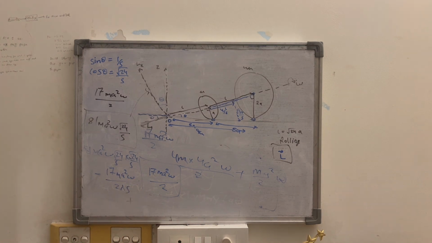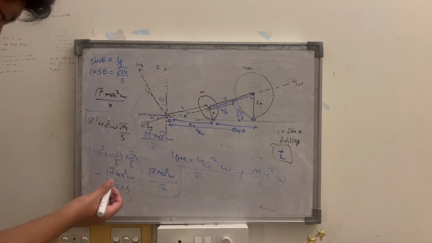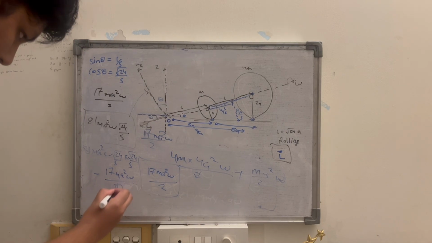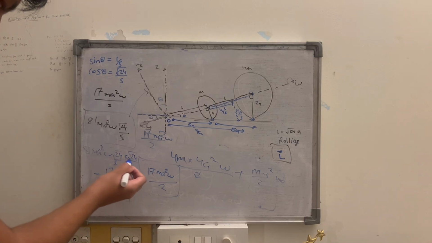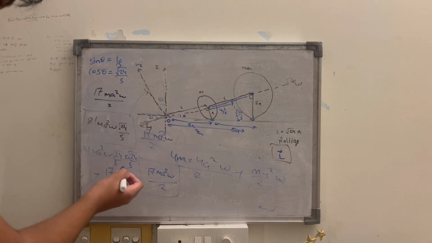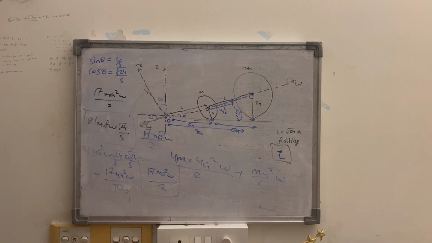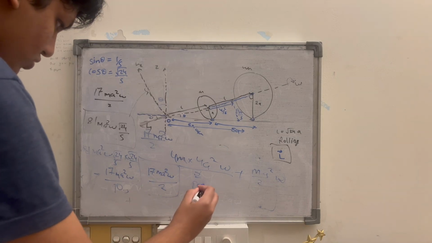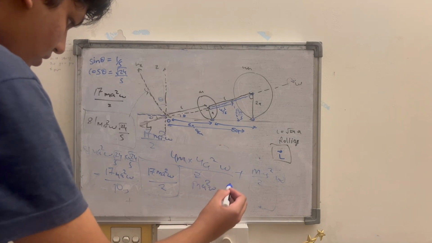So clearly I think we can see that this is nowhere near 55 ma square omega. Let's just see. So this will become 10 over here, this is 24 into 25 over here. So we'll have ma square omega common.